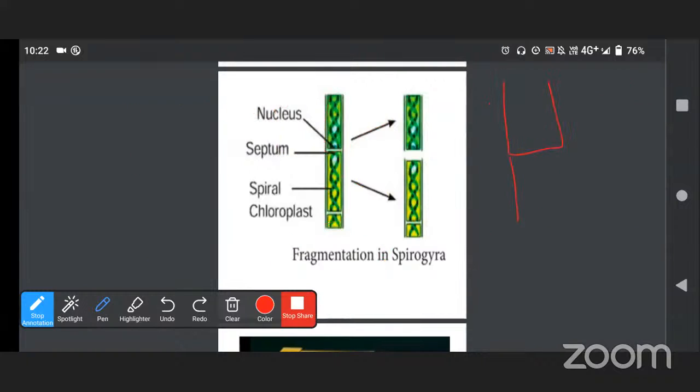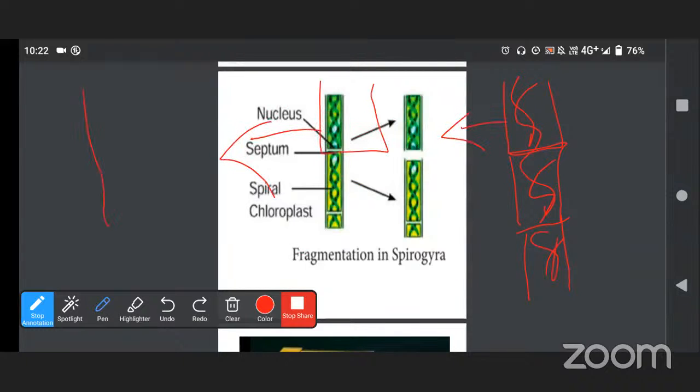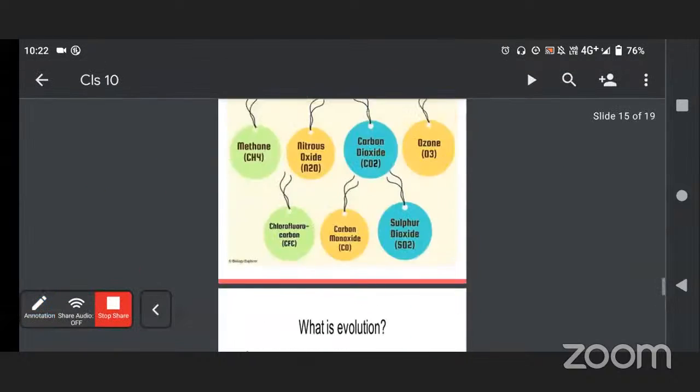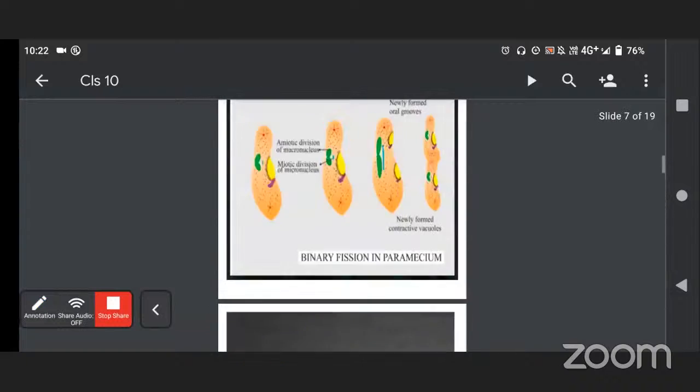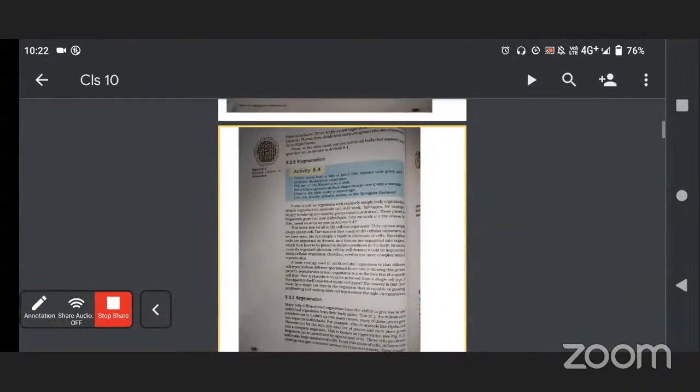The structure of Spirogyra is like this: suppose this part breaks, then from this broken part a new individual will start to grow. It has a fragment-like, compartment-like structure. So this is the second method of asexual reproduction.